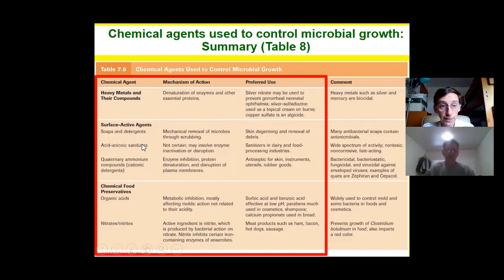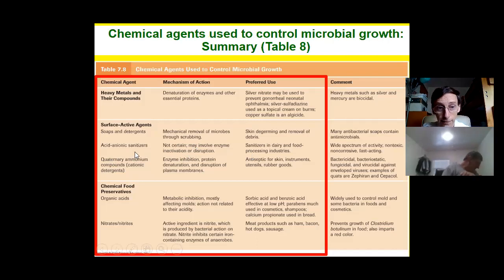Surface active agents like soaps and detergent. Mainly it's a mechanical removal of microbes through scrubbing, like when you're washing your hand, used for skin degerming or removal of debris. Acid anionic sanitizers, not certain of exactly how they're working. They're sanitizers in the dairy and food processing industry.